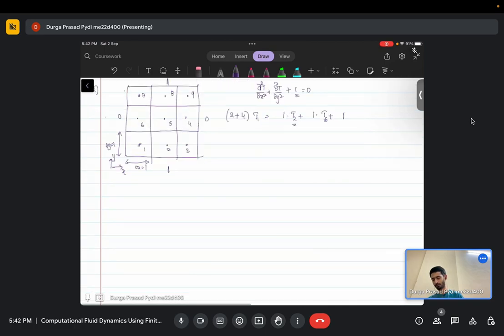I hope it is clear, otherwise we can do it for one cell at least. So for cell 1, the equation will be del T del x on the east face minus west face, similarly del T del y north minus south face, plus you have a source term, that is 1 into delta x delta y, where I am considering delta x equal to 1 and delta y equal to 1, equal to 0.